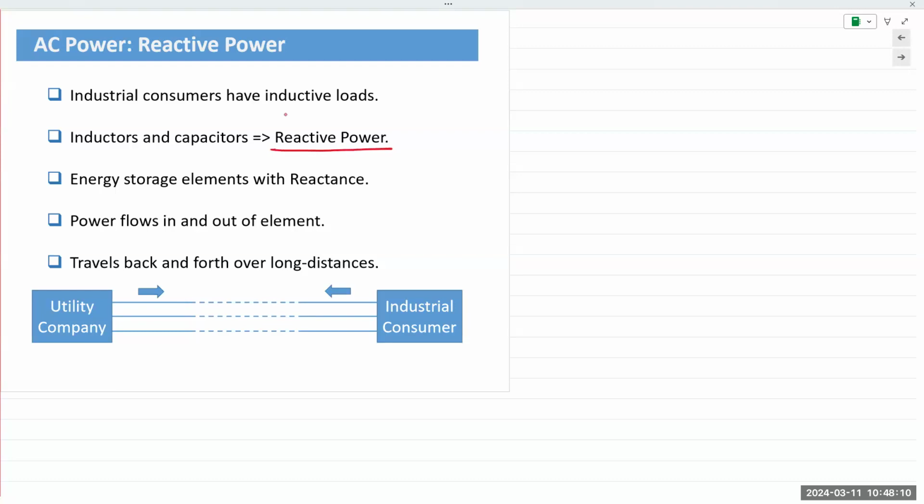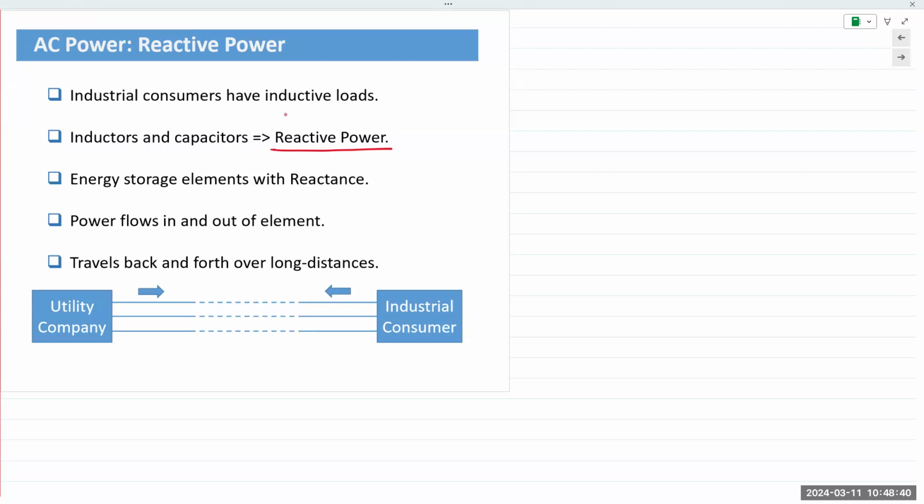Okay. Reactance for an inductor and a capacitor is mathematically represented using the imaginary number, right? We worked with complex numbers and imaginary numbers to do the mathematical representation of the reactance of an inductor and capacitor. So we will take that a bit further and also use complex numbers and imaginary numbers to represent this reactive power. Okay.